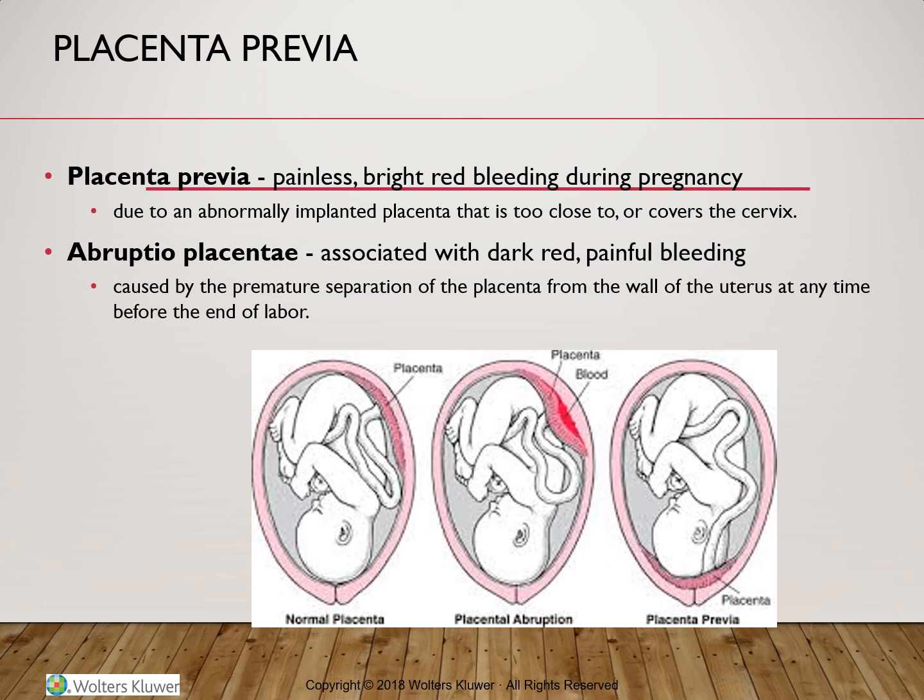Conditions that may increase the risk for placenta previa are a history of elective abortions, multiparity, advanced maternal age over 35, a previous C-section or uterine incisions, maternal smoking, or prior placenta previa.